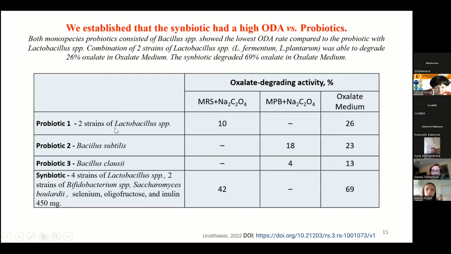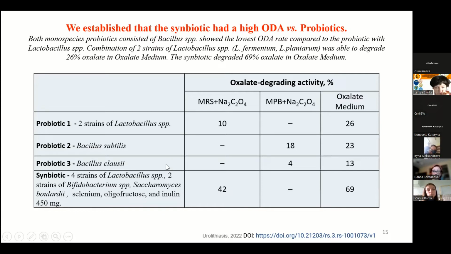And as you can see here, the most active was the symbiotic, which is multi-species. It contains 4 strains of Lactobacillus, 2 strains of Bifidobacterium, and also Saccharomyces boulardii, and also selenium, oligofructose, and inulin.